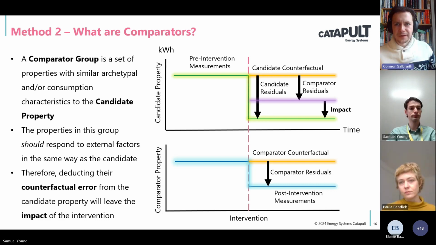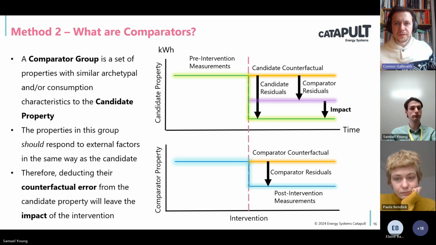Now, those familiar with looking at the difference of differences approach in causal analysis should recognize this. What we're doing is matching comparator properties to a candidate property based on a range of possible different factors, such as the property type, the age, the built form, but also quantitative similarity measures, such as the similarity of their baseline consumption profile, or even just how much gas they consumed overall.